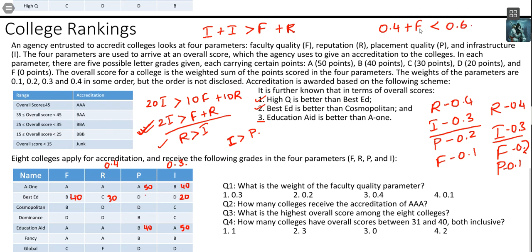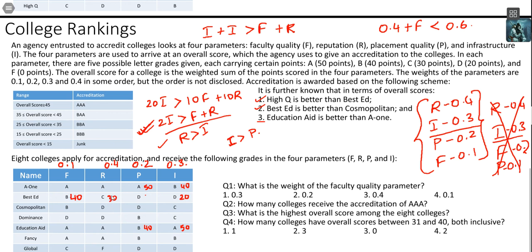The only way this works is F can either be 0.1 or 0.2. If it was 0.2, then this expression would not be satisfied. Therefore, this is definitely the case. This is not the case. And now we know the precise weightages attached to every domain.